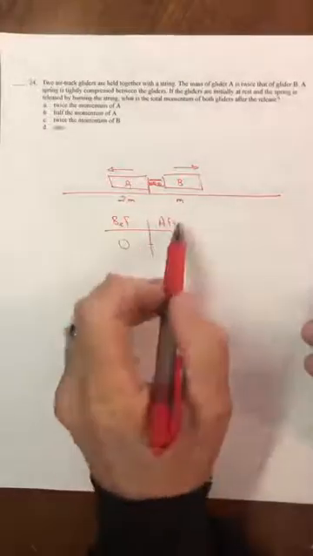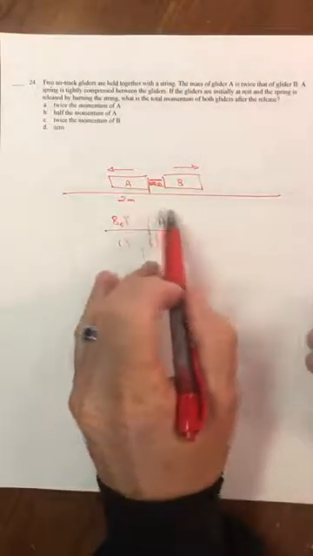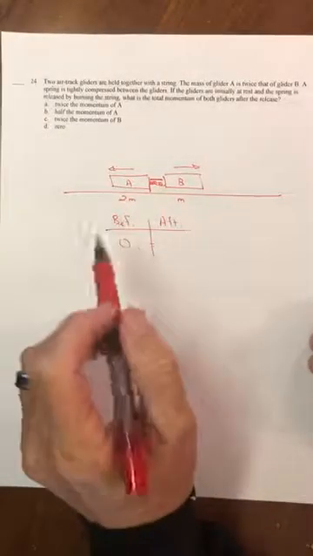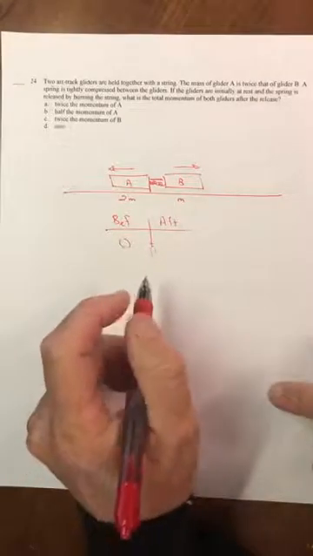And before it's 0. Which means this one is going to go left and this one is going to go right, and they're going to have the same momentum. Not the same speed, because they have different masses. As a result, they end up with different speeds so that they can have the same momentum.